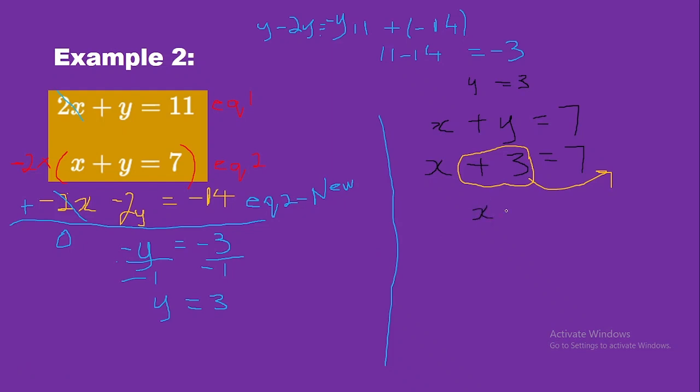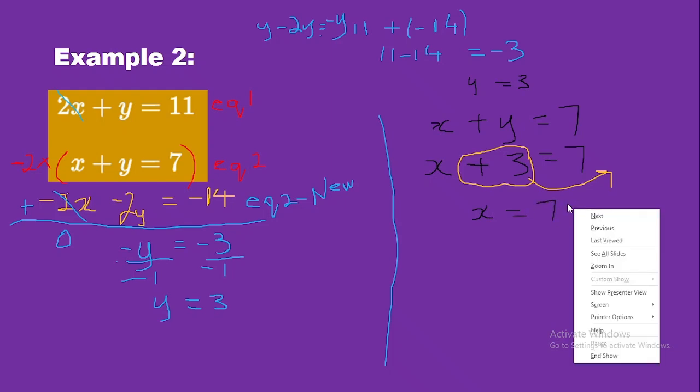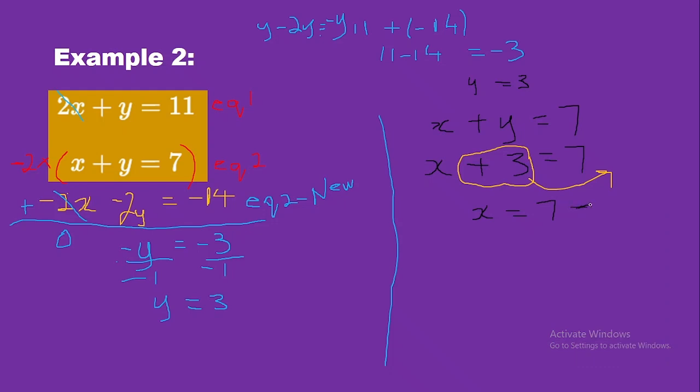So that's going to be x is equal to 7 minus 3, and 7 minus 3 you'll be left with 4.